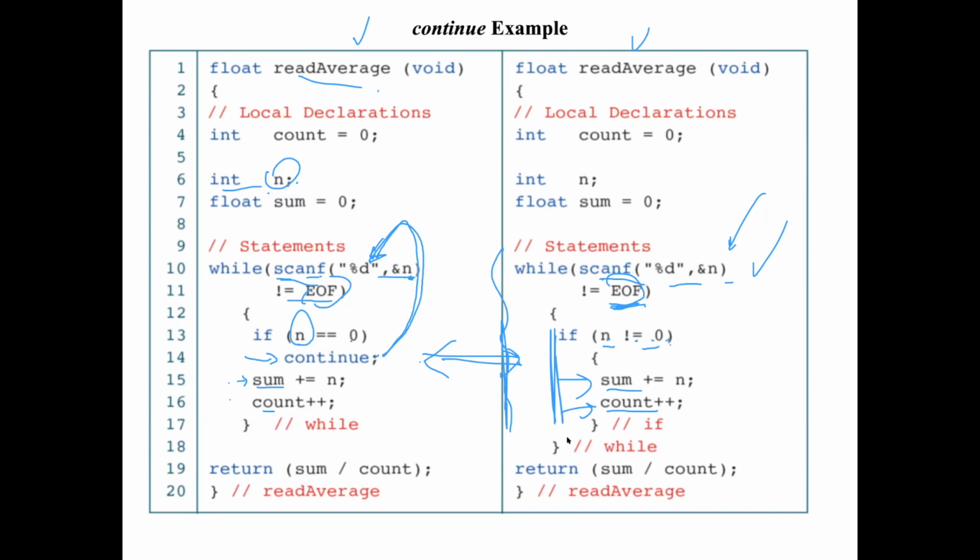But if n is 0, it's at the end of the if, and it'll simply take you back in there. So one involves the use of continue, the other one doesn't. There's really not much of an efficiency difference, since this is very simple business logic that doesn't take long to execute. But this illustrates the use of continue versus not using it.